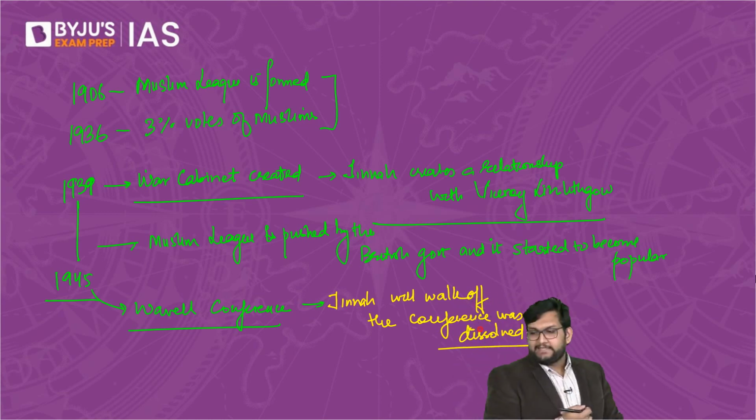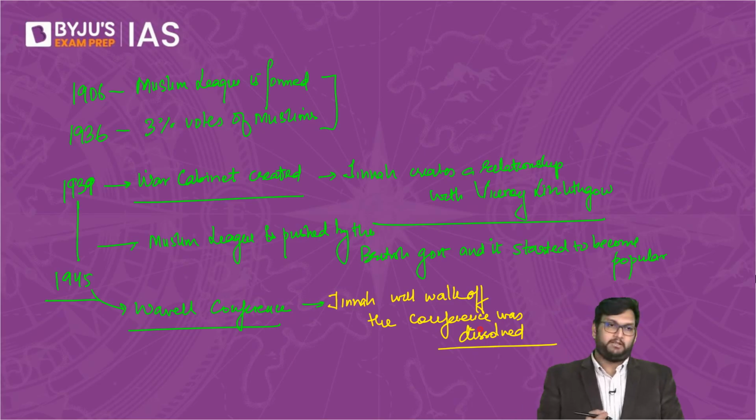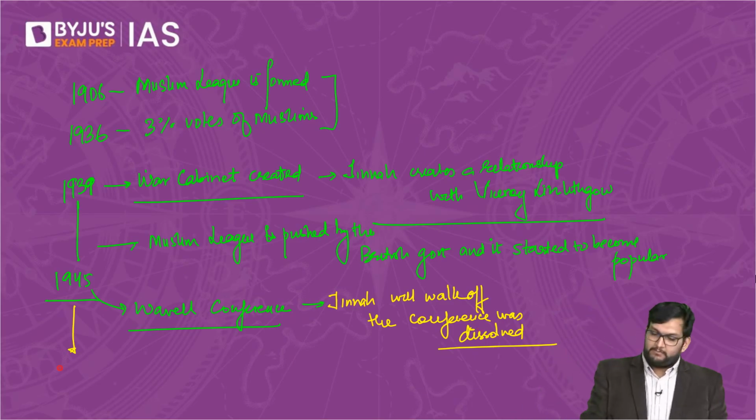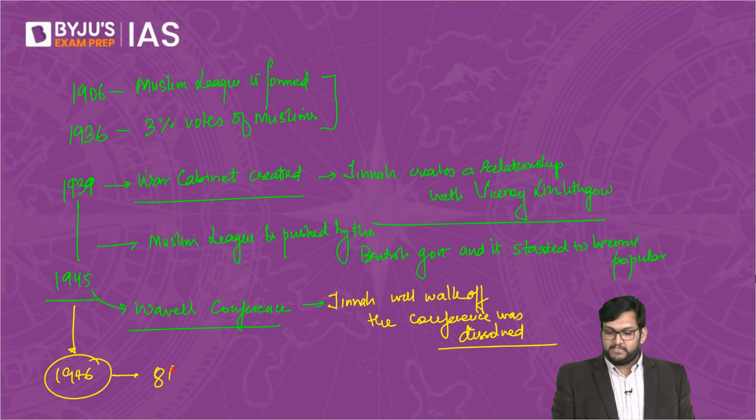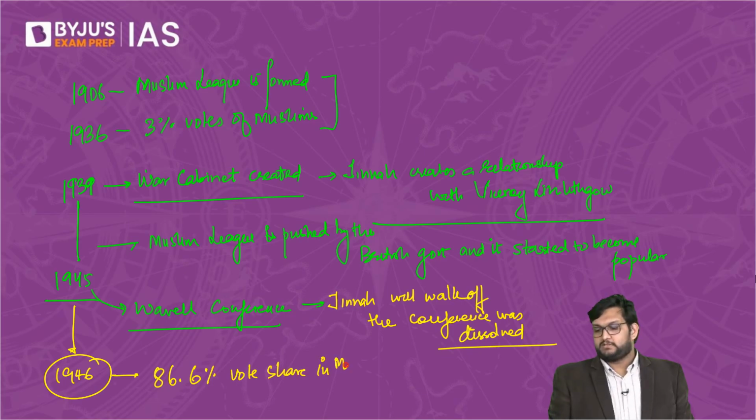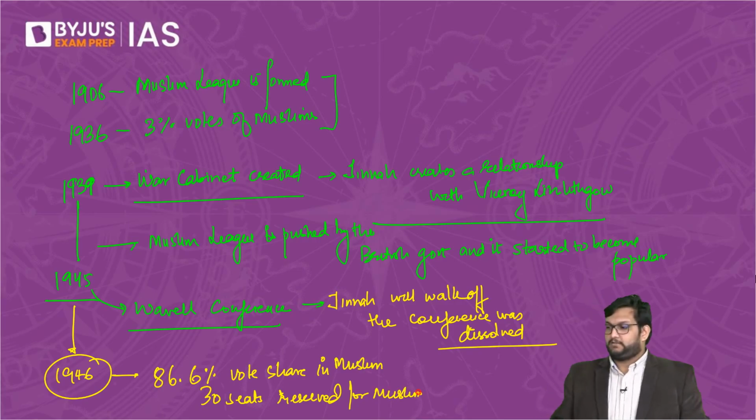And this is seen as the first turning point. And then the next turning point is 1946, when the election is going to happen and he is going to get 86.6 vote share in Muslims and all 30 seats reserved for Muslims. Now here comes the inevitable part.